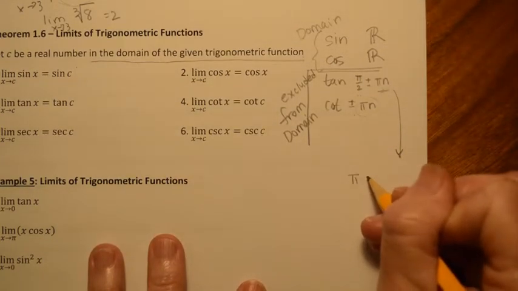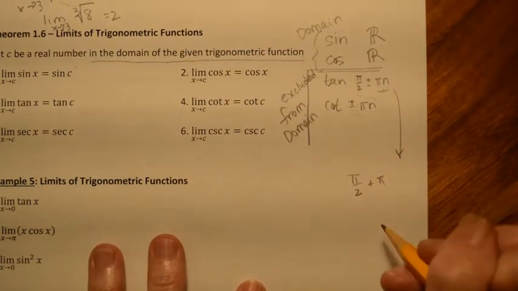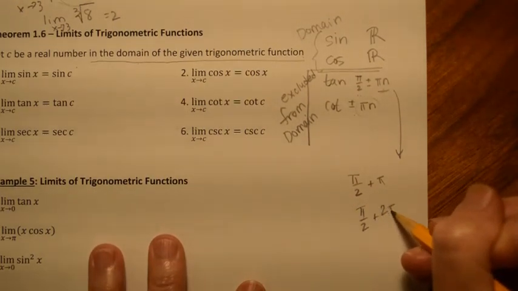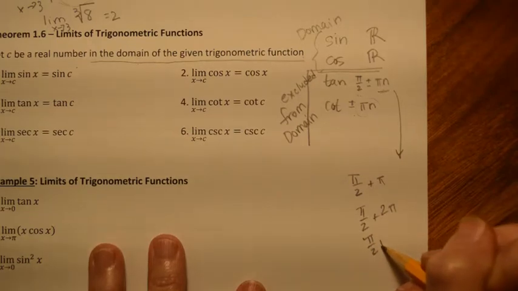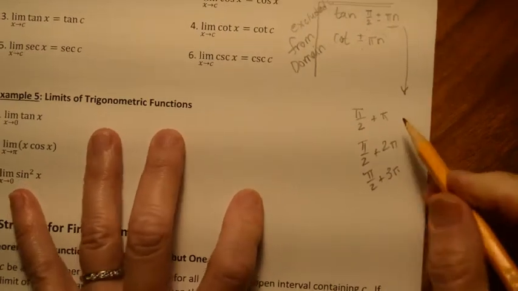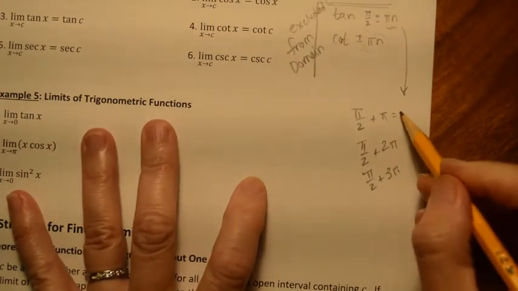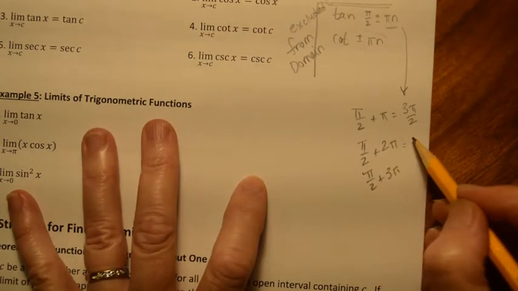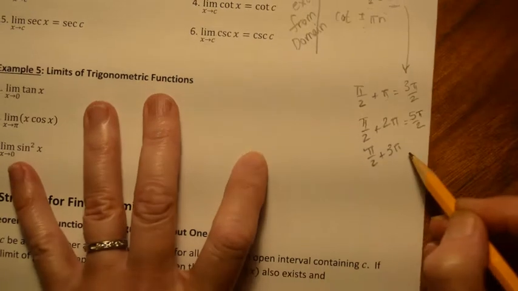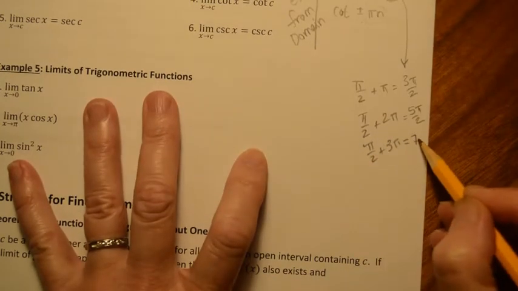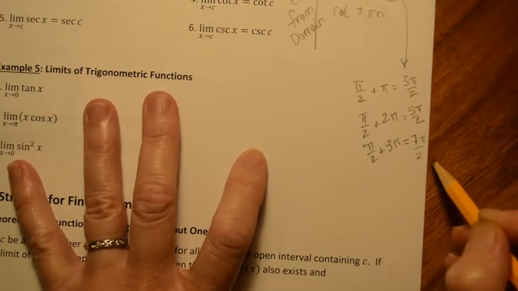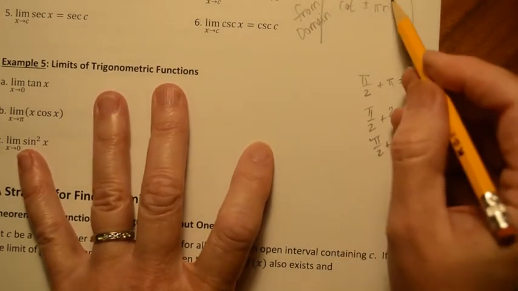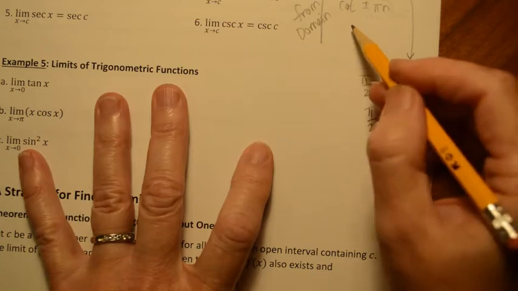This is pi over 2 plus pi, pi over 2 plus 2 pi, pi over 2 plus 3 pi. If I find a common denominator, this ends up being 3 pi over 2, then 5 pi over 2, then 7 pi over 2. So it's all pi over 2's with an odd numerator, basically. And for cotangent, this is all integer multiples of pi.